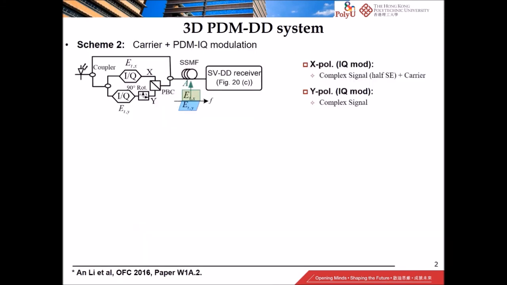Another scheme to realize a 3-dimensional POMAX direct detection system is, interestingly, to have a carrier in one of the polarizations, and then the signals from both polarizations undergo IQ complex modulations. You might think that this sounds like full coherent signals, but actually it is not.